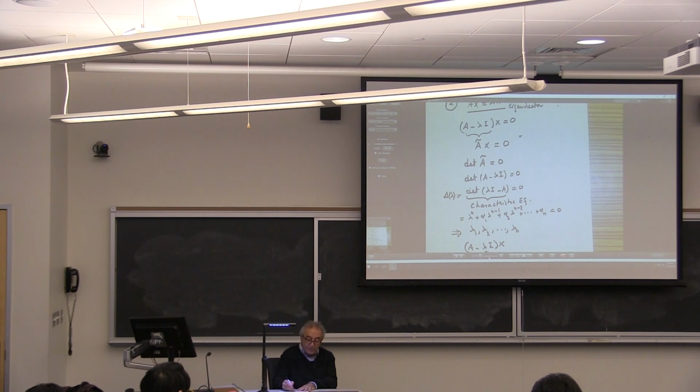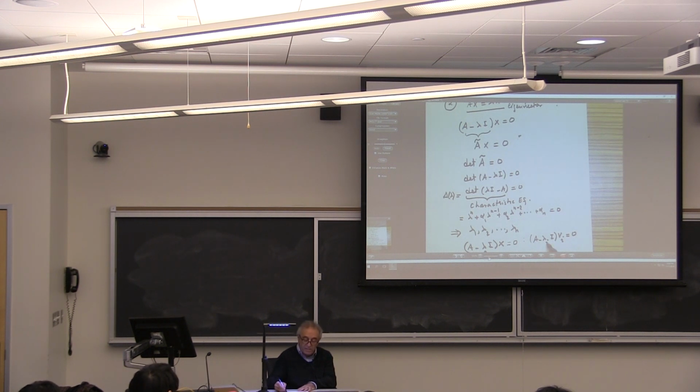So for that lambda, you can put some values. Those values are lambda 1 through lambda n. So when you do that, maybe you can call this x now eigenvectors corresponding to the eigenvalue i. We call it v sub i equal to 0. Do you understand what I'm saying?